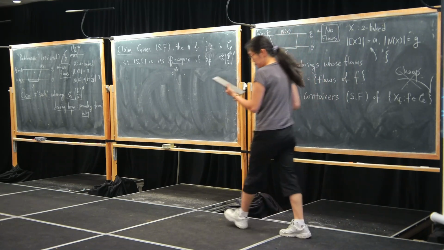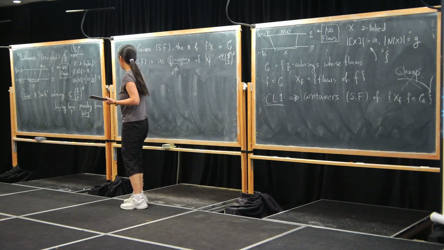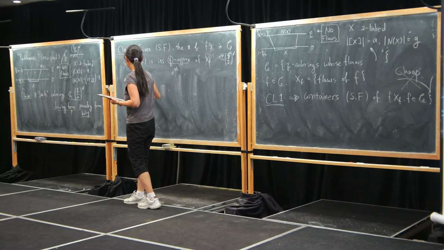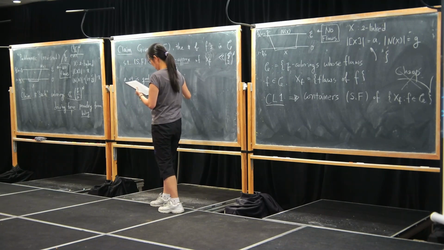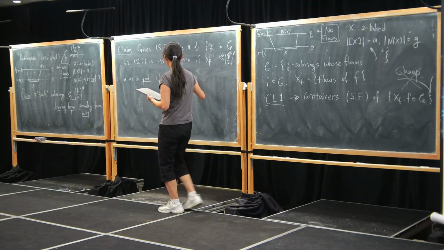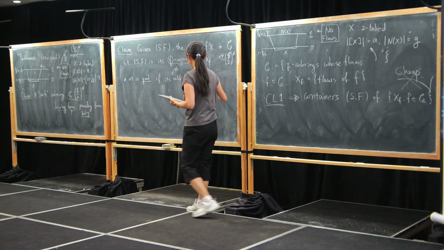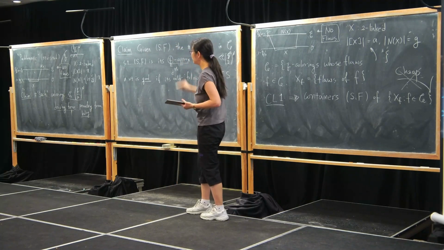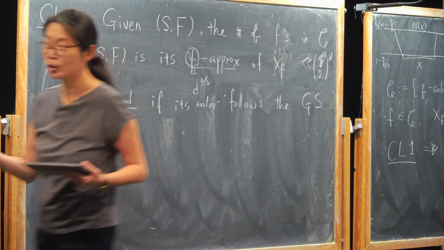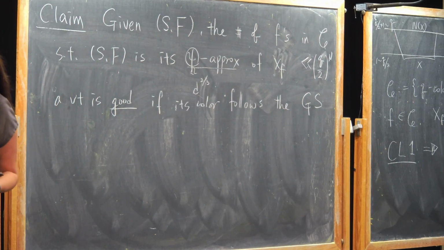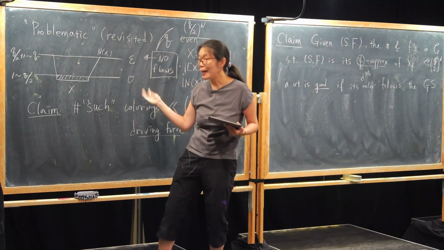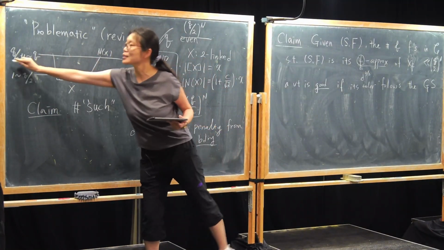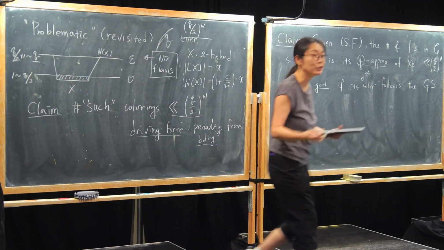So final definition, we'll say a vertex is good if its color follows or observes the ground state. So the meaning of a good vertex is if this vertex is odd, then its color is one of 1 up to q over 2. And if that vertex is even, then its color is one of this to this. That's the meaning of a good vertex.